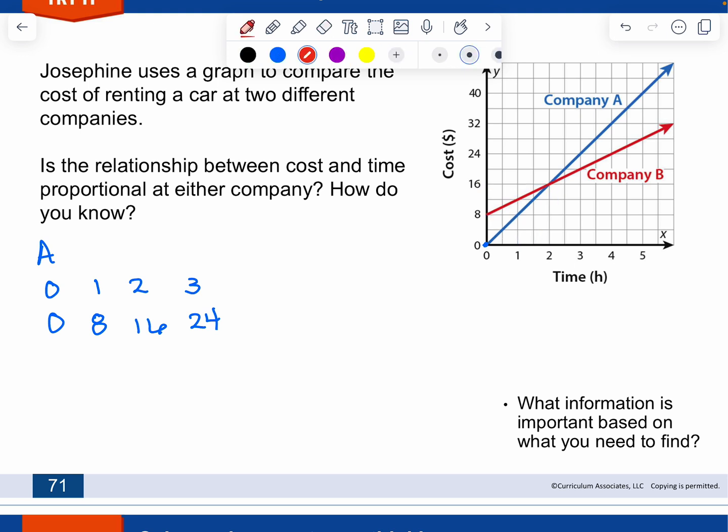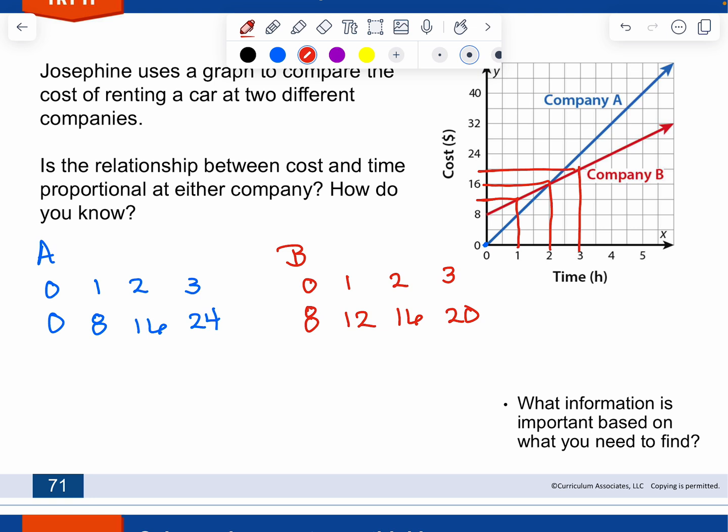They're both straight lines, so let's look at company B. Oh, it starts at 0, 8. 1, what's halfway between 8 and 16? That would be 12. 2, 16. 3, what is halfway between 16 and 24? That would be 20.